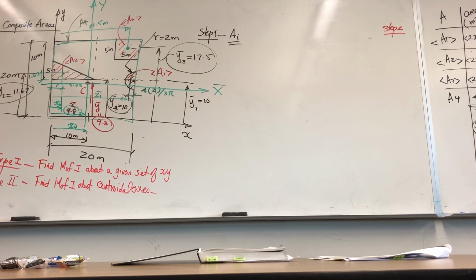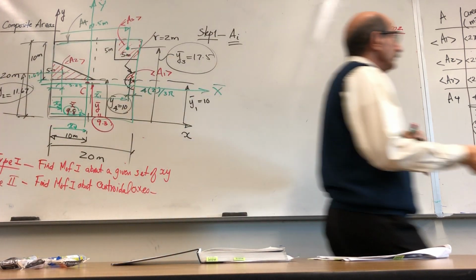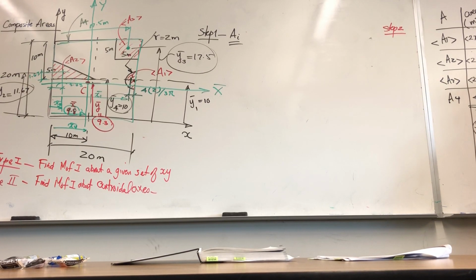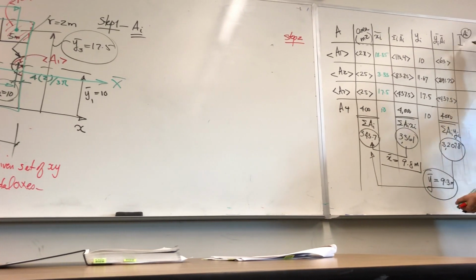So what do you do now? You form a new column. Call that I sub x-bar, each area about its own centroidal axis.